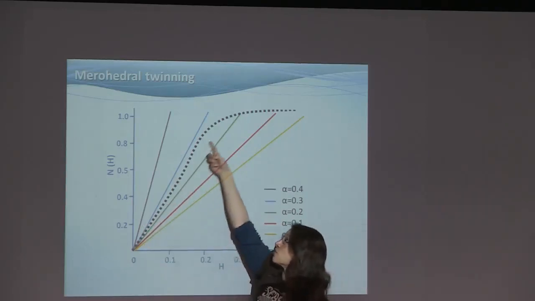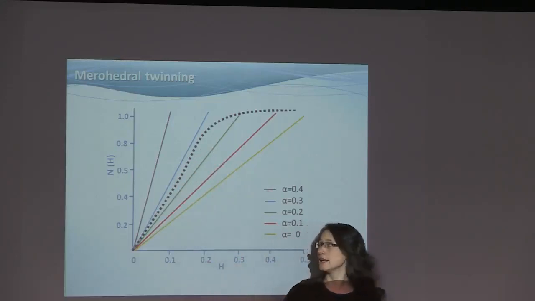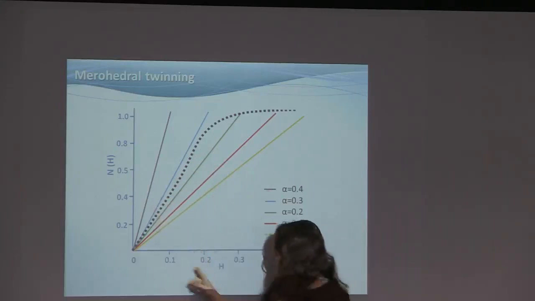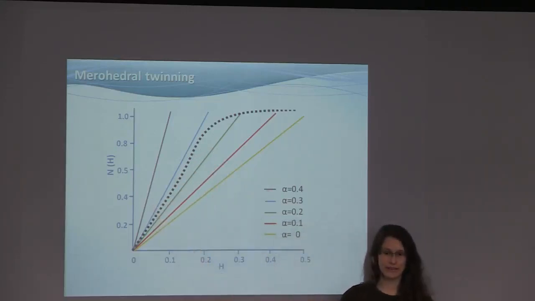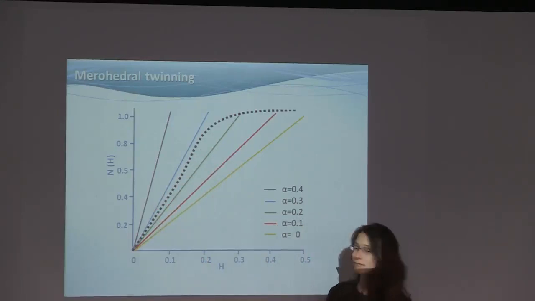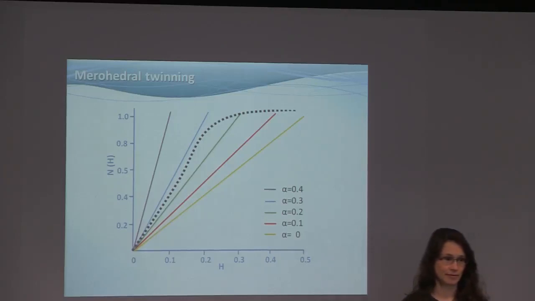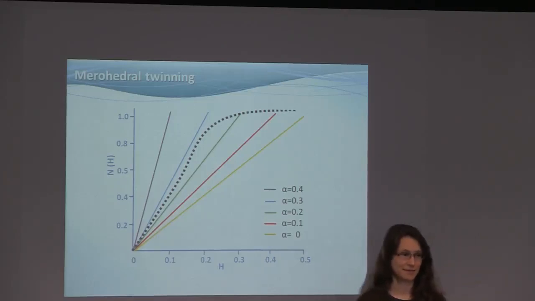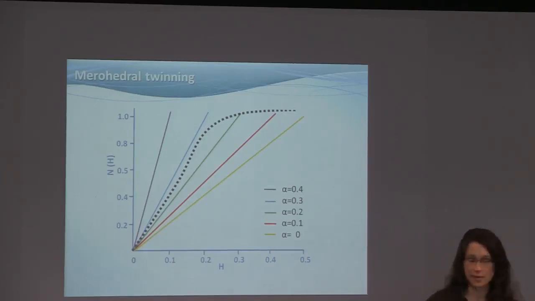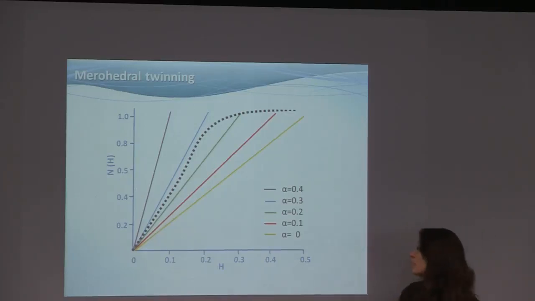Now, if you get for a structure a dotted line like this in an H test, you see there's N of H, there's H. What do you think is the twin fraction? Just make a guess. 25%, yeah? Pretty good, I would say.